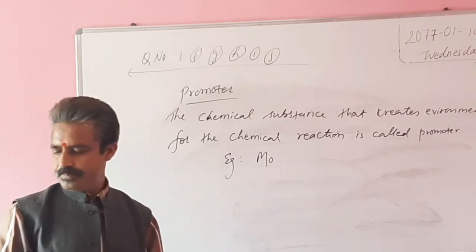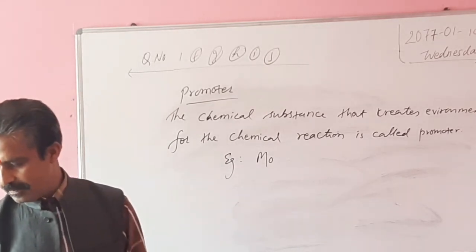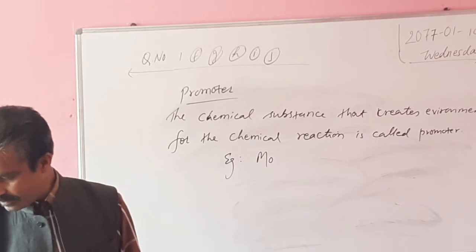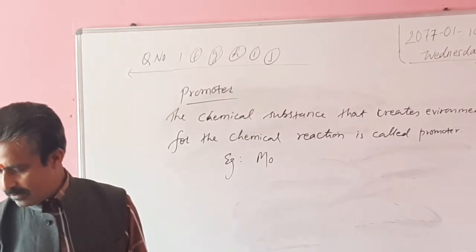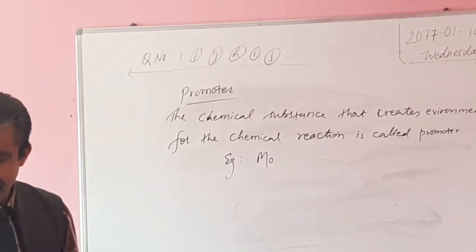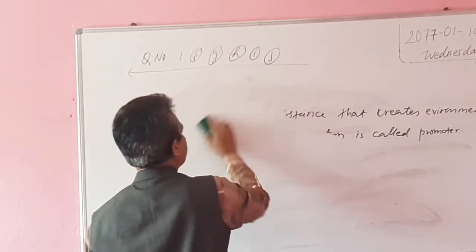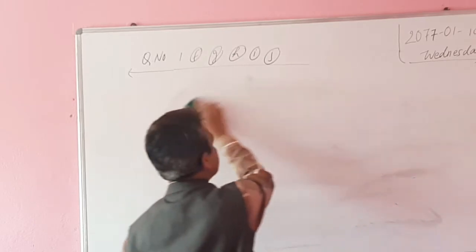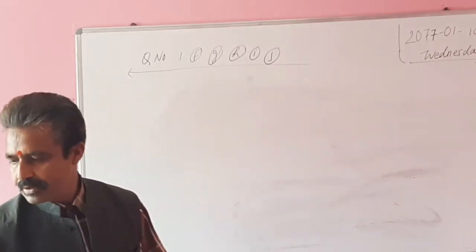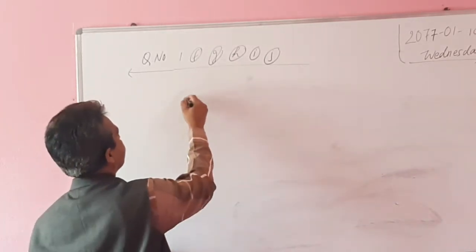Please try. The next question is from acid, base and salt. Write two physical properties of base. In the case of physical properties, we should not write any chemical reaction.